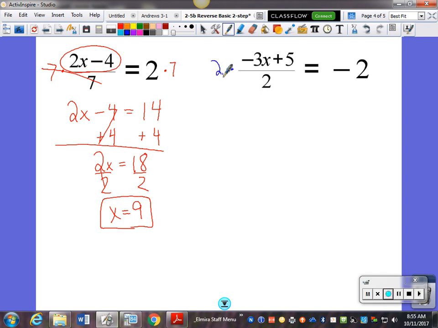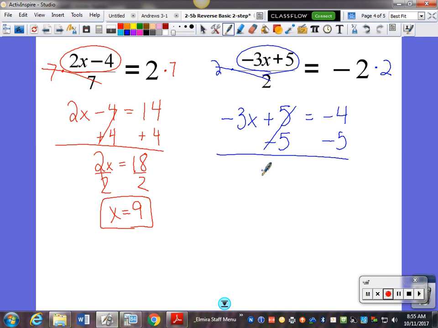Multiplying by 2 on both sides. Bring negative 3x plus 5 down. Negative 2 times 2 is negative 4. And what you have left is a basic two-step. A negative divided by a negative is a positive.